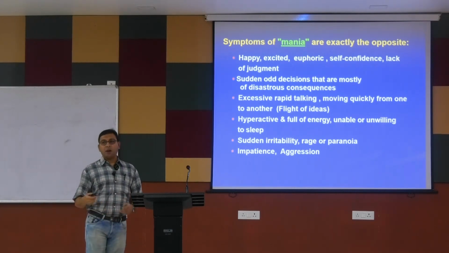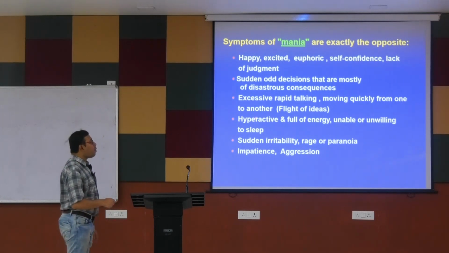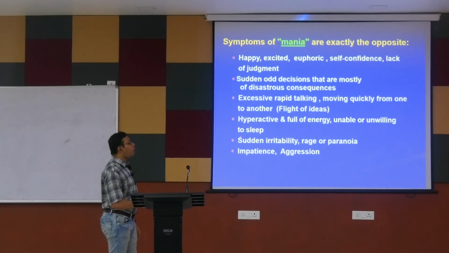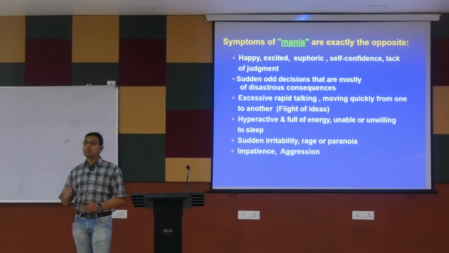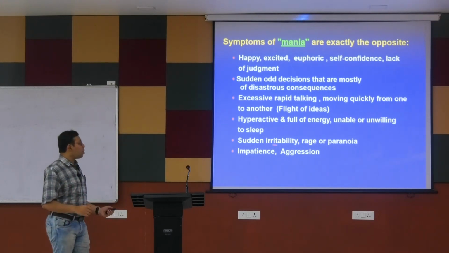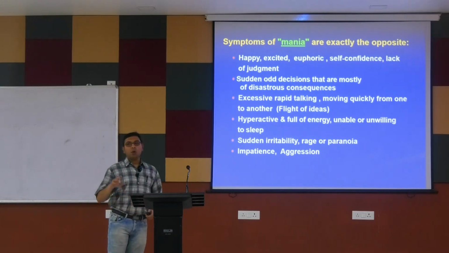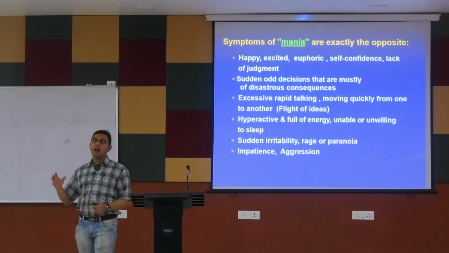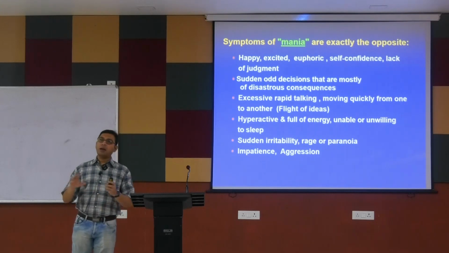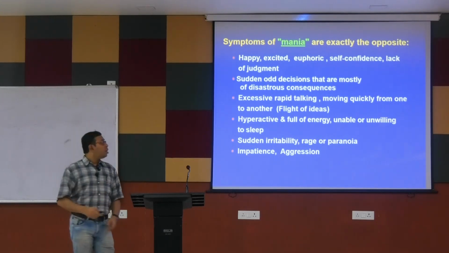This is known as the flight of ideas. Hyperactive and full of energy, unable and unwilling to sleep. So there is sleep deprivation in those patients. Sudden irritability, rage, impatience, aggression, all can happen. So mania is also a disease that can be treated by different types of drugs.